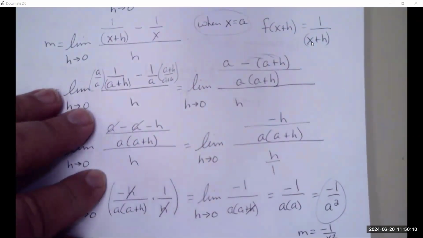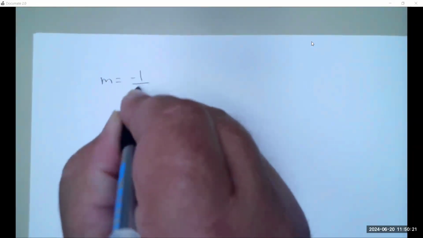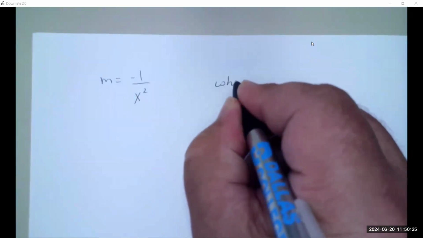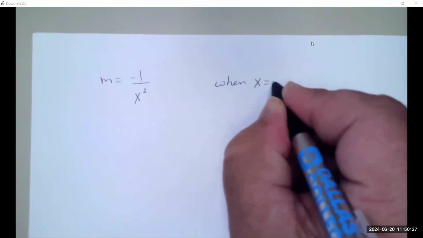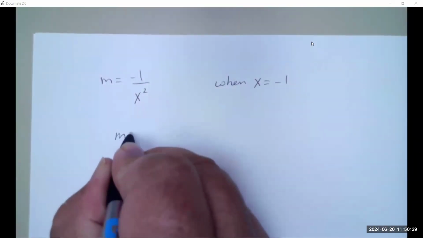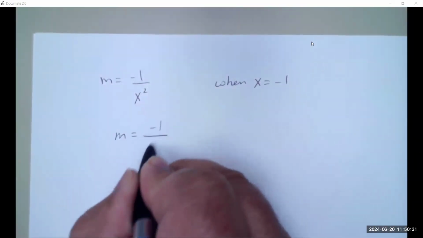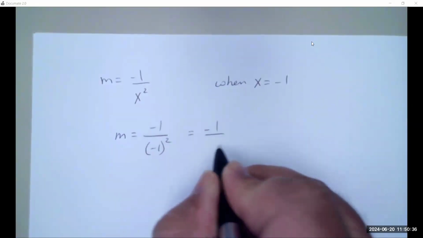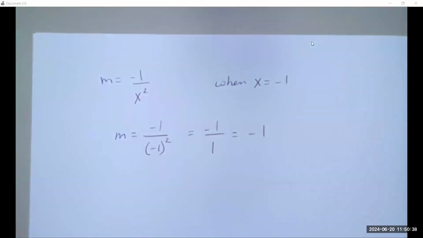So if we put -1 in place of x, what do we get? When x equals -1, the slope becomes -1 over 1, which is -1.